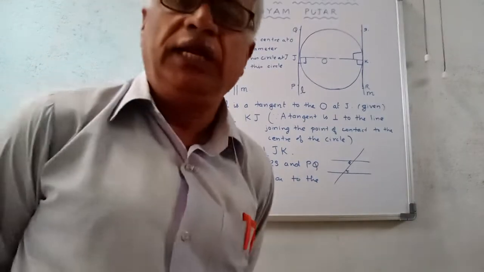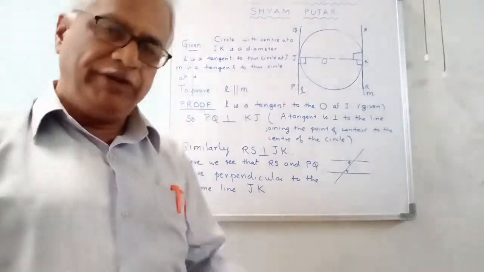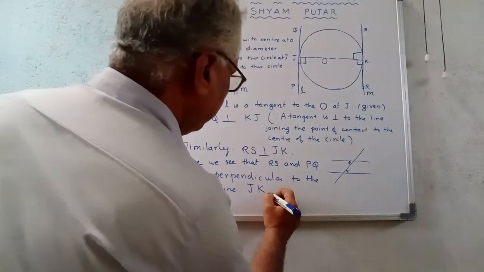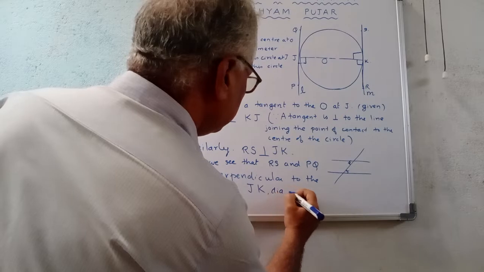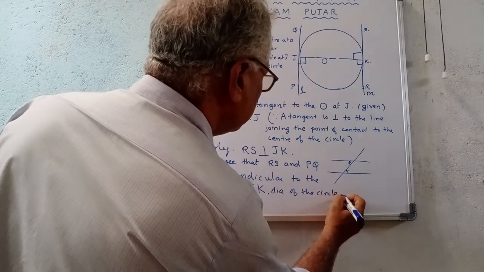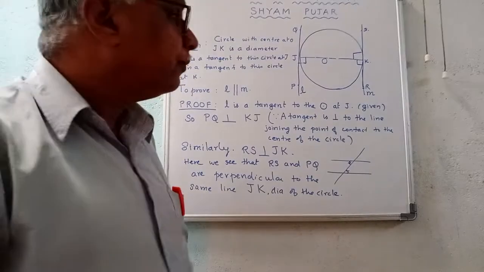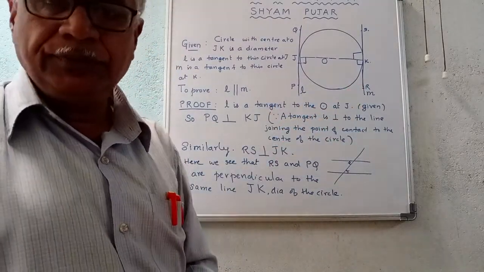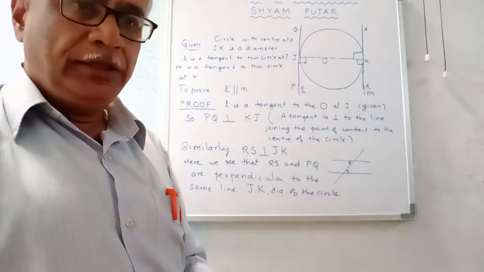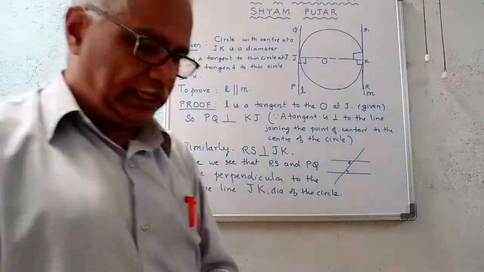The lines L and M are perpendicular to the very same line, that is JK. And JK is our diameter. Hence, L and M are parallel to each other by the parallel lines theorem which we have studied earlier.